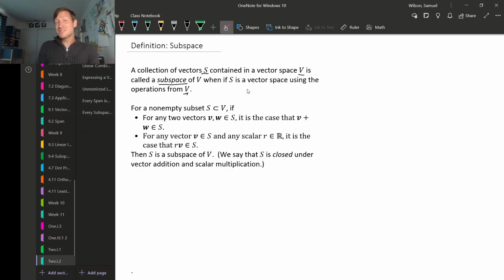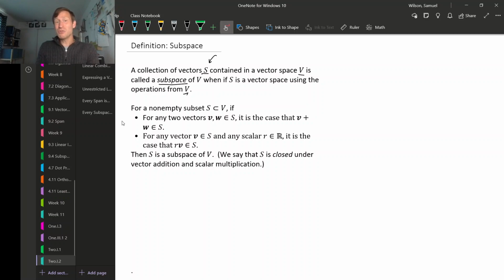Now, at first this might seem like a very difficult thing to check because there's that big list of vector space axioms, and technically we would need to check that every one of them is true for S. But in fact, there aren't that many we need to check. For S to be a vector space, first of all, it has to be closed under vector addition and scalar multiplication for sure.